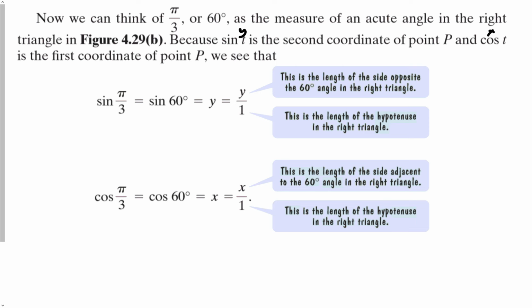We really didn't get into this when we were talking about the unit circle definition, because the hypotenuse was always 1, so it didn't matter. But now this hypotenuse can be anything we want, and we set up a ratio. So the sine of 60 degrees is equal to y, which is the same thing as y over 1. The cosine is x, which is the same thing as x over 1.